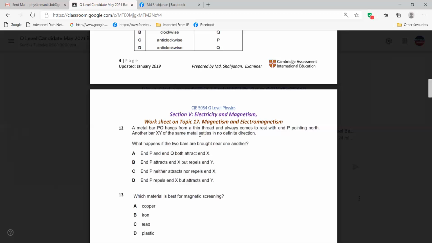Is it clear to you? Without magnetic material, we cannot make a magnet. Yes, you must need a magnetic material.